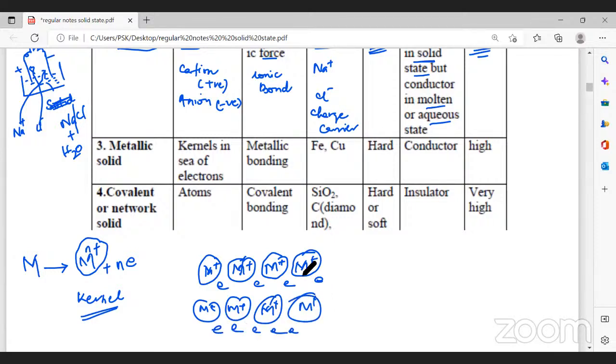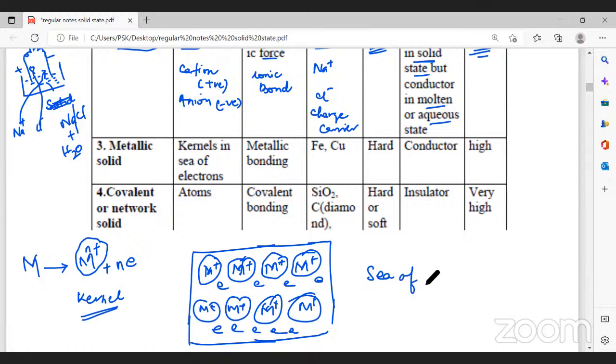This is the representation of a metallic solid. Metal ions, the kernels, are surrounded by or immersed in a sea of mobile electrons. When I say sea of mobile electrons, electrons will be moving, therefore we call them mobile electrons.